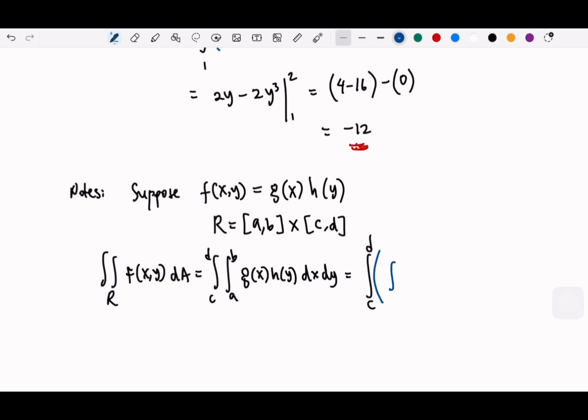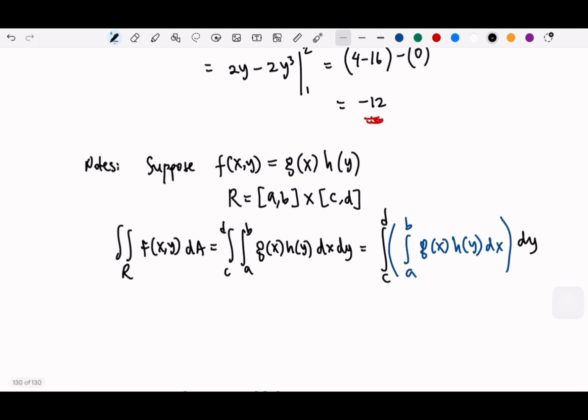Or maybe let me write first the a to b of g(x) h(y) dx, close bracket, and then dy. If we take the inside integral, we integrate with respect to x, so y is a constant, right? Because y is a constant, we can factorize the h outside.